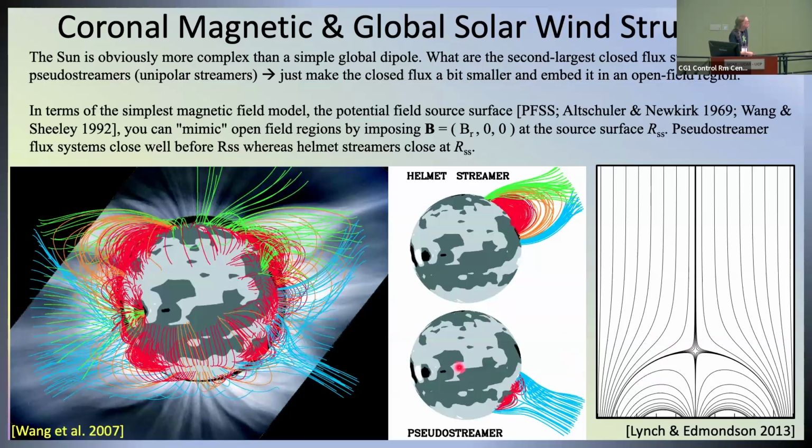And so this pseudo-streamer topology is very favorable to reconnection. And that turns out is going to play a reasonably large role in generating kind of the junky solar wind from bright streamers, kind of dense and junky solar wind.